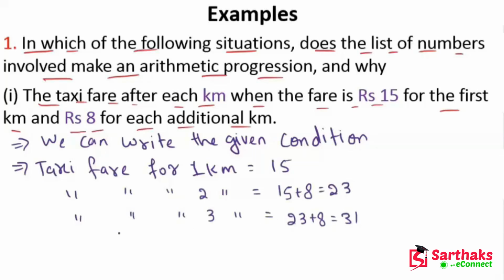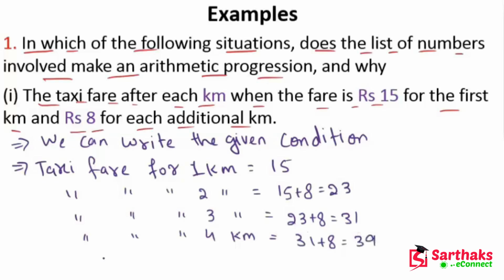Now the taxi fare for 4 kilometers is 31 plus 8, which is 39.